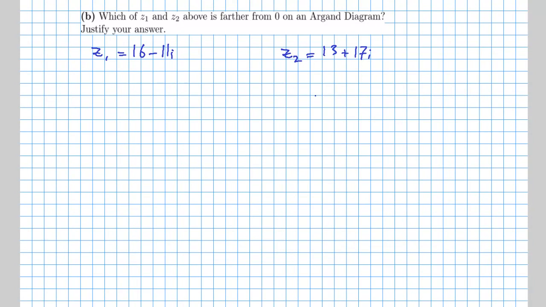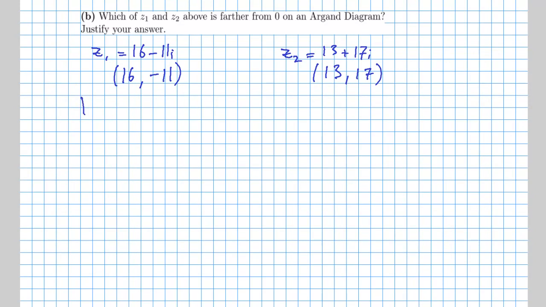Now, you may be able to tell this straight away, but we have to justify our answer, and we do that by actually calculating how far each of these is from 0 on the Argand diagram. Now we have a formula for this, so first of all let me get the coordinates of these. We've got 16 and minus 11 as the real and the imaginary coordinates. For z2 we have 13, 17, and the formula is essentially Pythagoras' theorem.